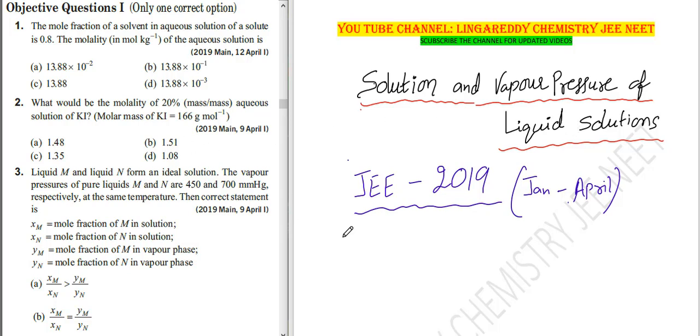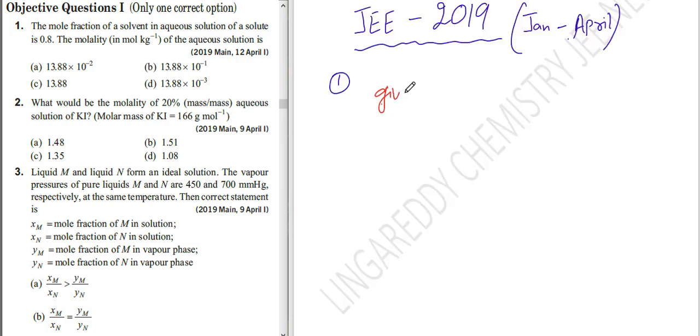Now question number 1. The mole fraction of solvent in an aqueous solution of solute is 0.8. The molality of the solution is asked. Molality is asked, mole fraction is given.